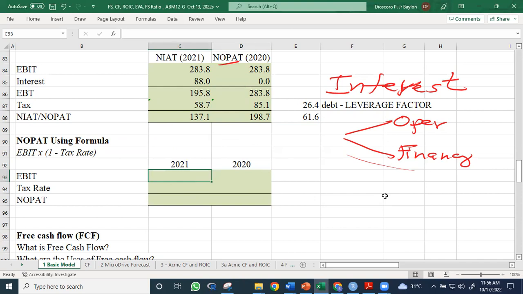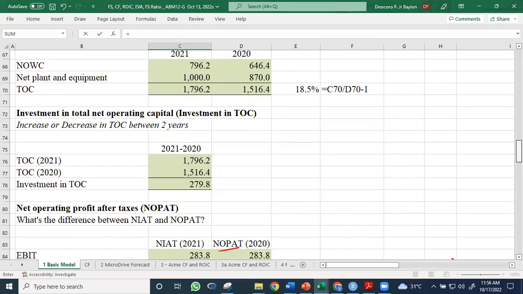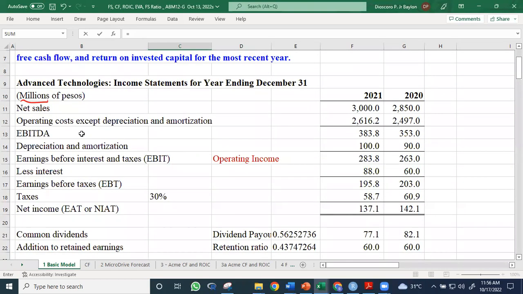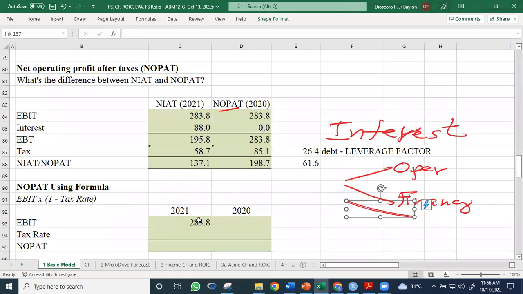So, NOPAT natin for 2021. So here we're computing NOPAT for 2021 and 2020. So let's start with EBIT. I have to get it here. EBIT natin is this one. Copy to the right for 2020. And tax rate is natin to times, ay, mali.